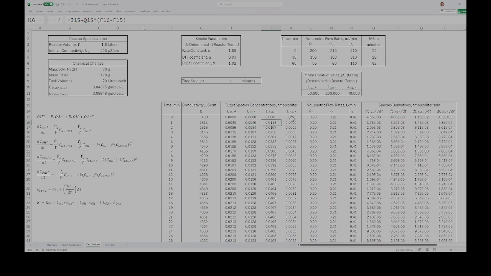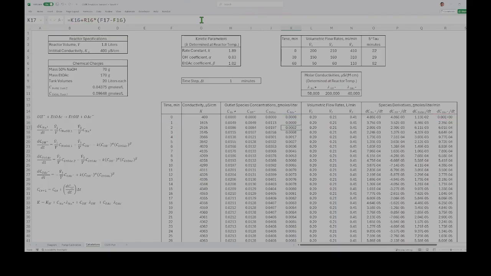My ethyl acetate will be equal to the previous ethyl acetate plus its derivative times the change in time. And finally, my acetate ion, same expression where we look at the previous value and add to it the derivative times the change in time.